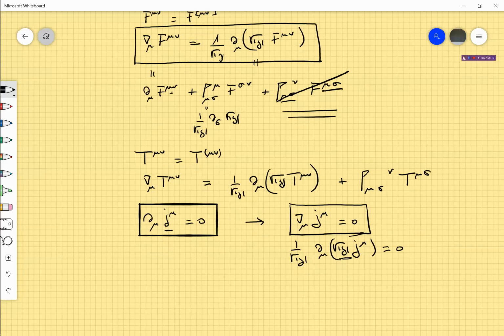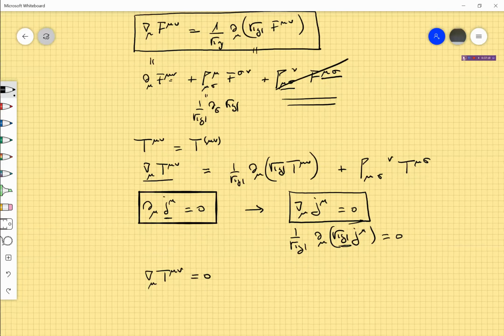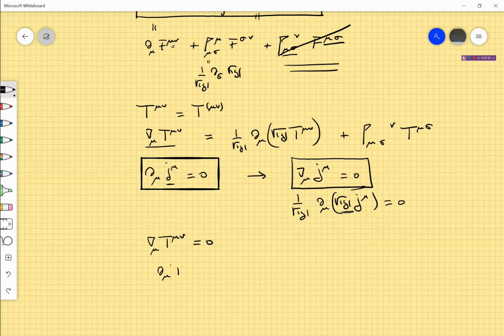However, when you go to this expression here, at some point we will get an equation of this form, and you want to ask if this can be understood as a generalization of this to curved space-time, and then it can be interpreted as a conservation law. But then if you look here at the right hand side, you see that okay, this first term corresponds to a divergence more or less like this, but there is another term, so this is not a conservation law.